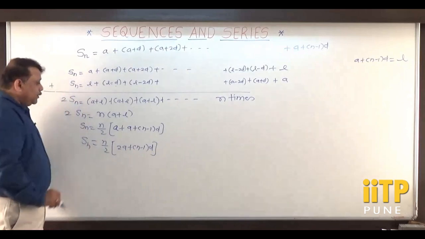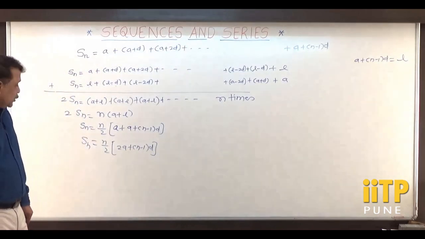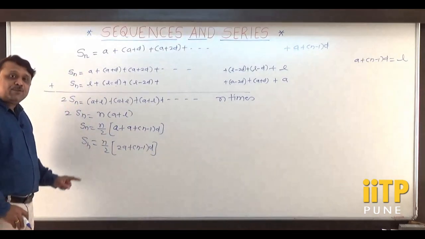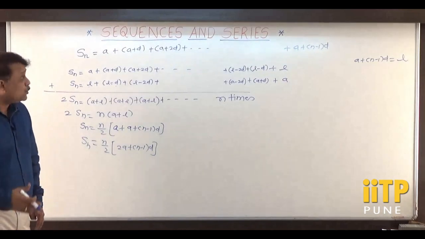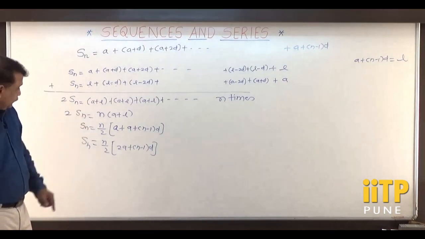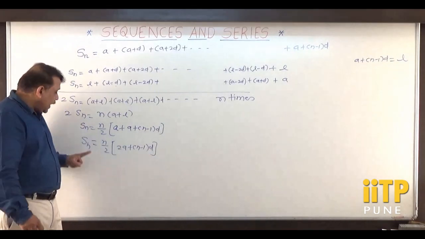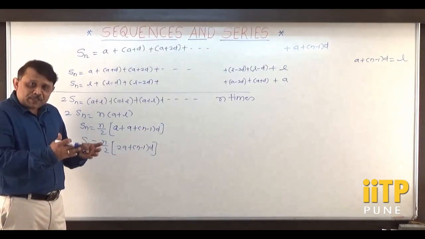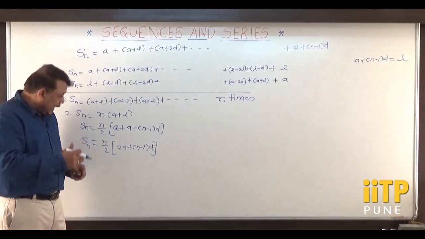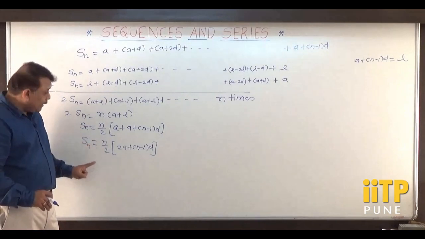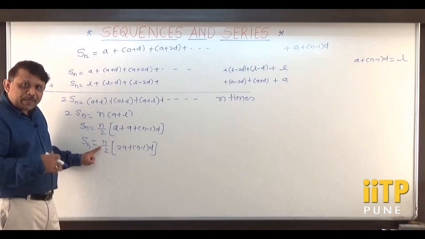So this way the formula for Sn is known, which represents the sum of the first n terms of an AP. If A is the first term, D is the common difference, and N is the total number of first terms we are adding, then Sn is given by N by 2. How many terms are we adding?